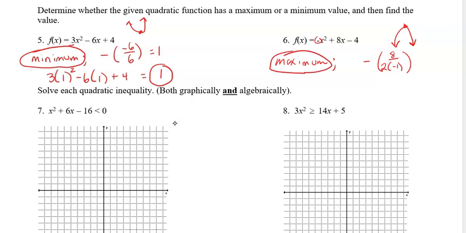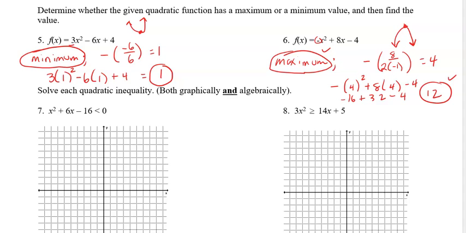So now to find the value of the maximum, we're going to put 4 in for both of the x's and see what comes out. So this is negative 16 plus 32, which is 16 minus 4. And so the value of the maximum is 12.